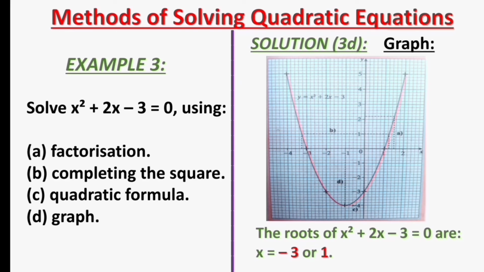Looking at your graph, you can see that the curve crosses the x-axis at point x is minus 3 and point x is 1. That means that the roots of the equation x squared plus 2x minus 3 is equal to 0 are x is equal to minus 3 or 1. I hope these solutions to question 3 are all clear to you.